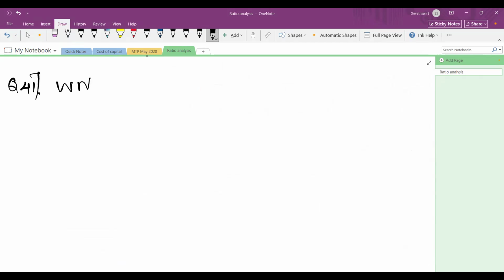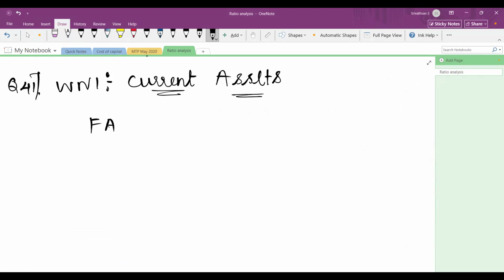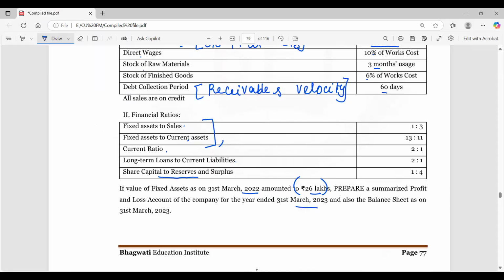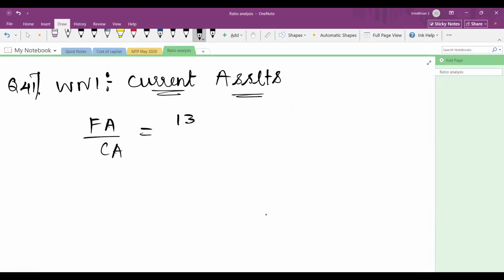Working note number 1. Current assets. So it is mentioned that fixed asset to current asset is how much? 13:11.